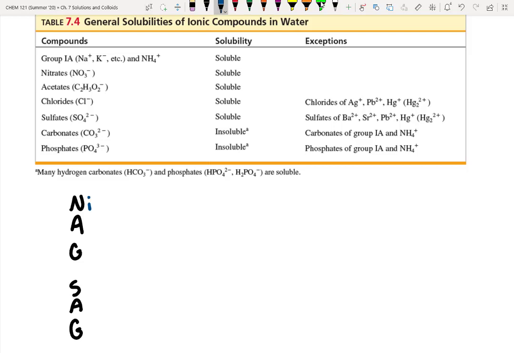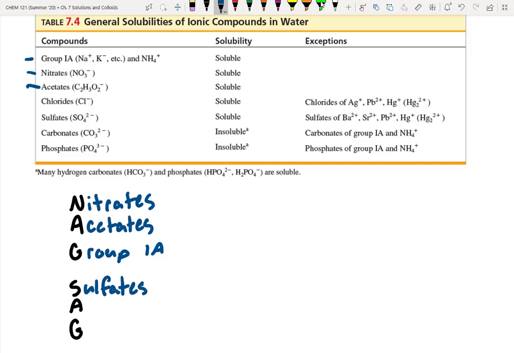The first one is that nitrates are soluble. Okay, so you can see up here we got nitrates on the list. Next ones are acetates. So acetates tend to be soluble. And then G is a little bit generic, but this is group 1A ions are all soluble. All right, and then S, if we go down, is sulfates. That's down here.